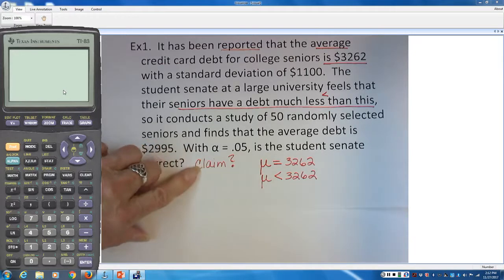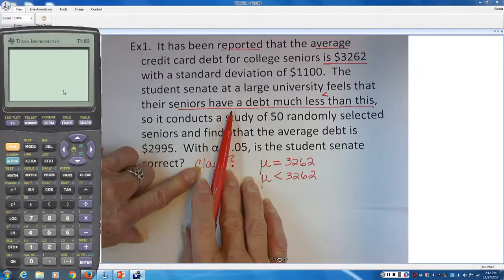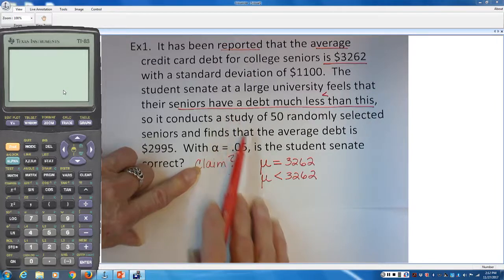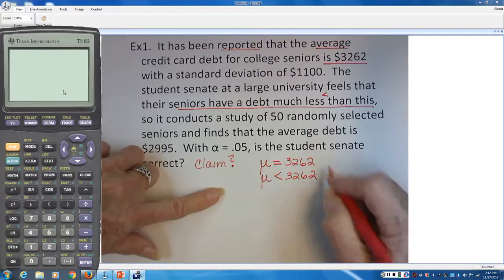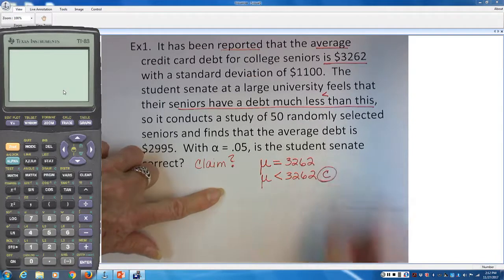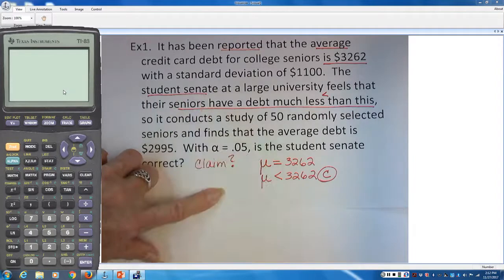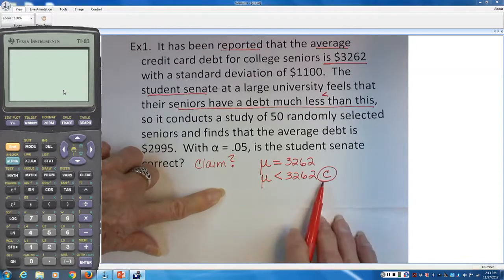The claim is based on who's doing the testing. The person doing the testing makes the claim. The entity doing the testing makes the claim. So that means the actual claim that we're testing is that. And that's because this student senate is the people doing the testing. So they get to set the ground rules. They get to set up the test. Okay? So this is their claim.